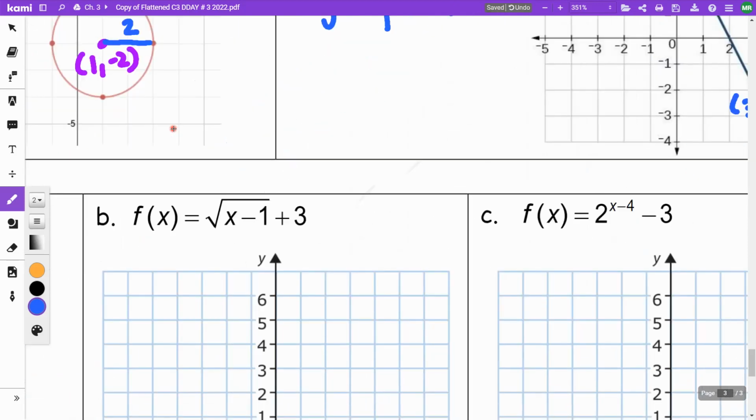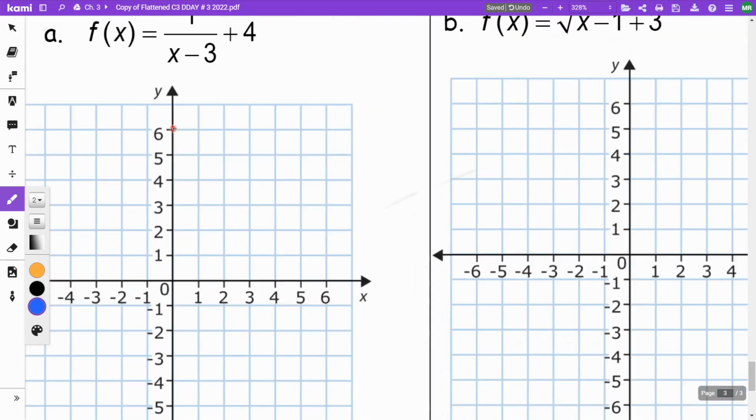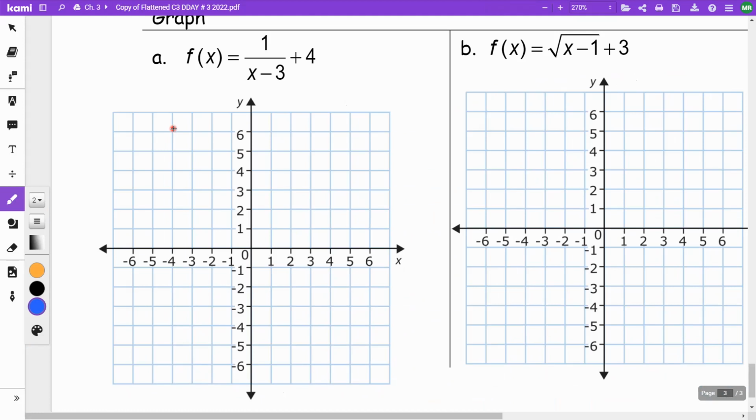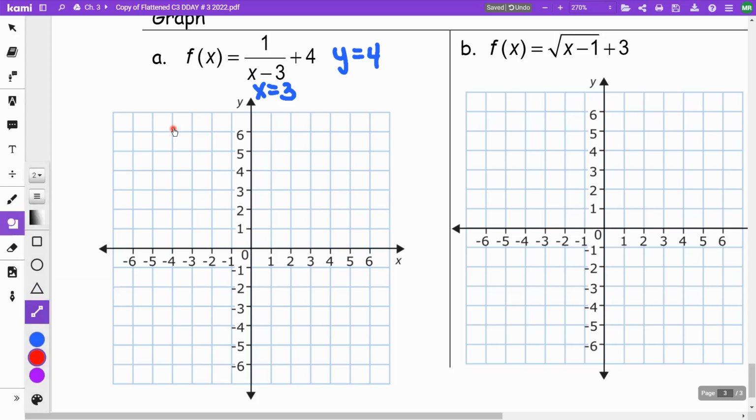And then the last ones are these graphs. So on this one, this is a reciprocal function. And so I'm going to have two asymptotes. One's going to be at x equal 3. One's going to be at y equal 4. So I'm going to get this dashed line here. I'm going to actually use the line tool. Okay.